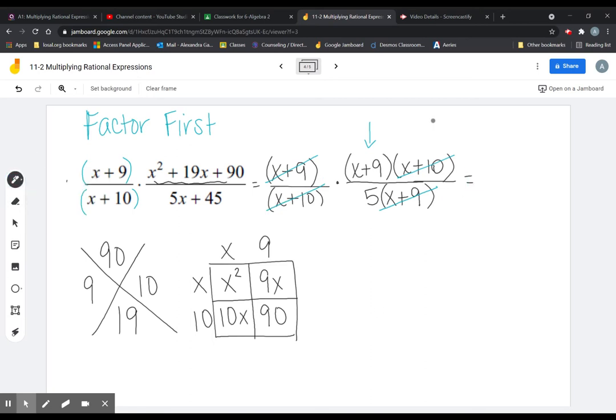And here we go. All that's left over in the numerator is x plus 9 over, then I got to remember the 5. So that's our first fairly busy question, and we'll do one more.